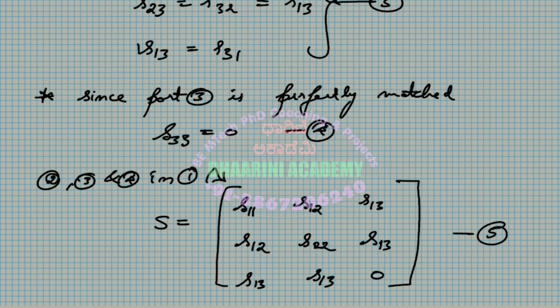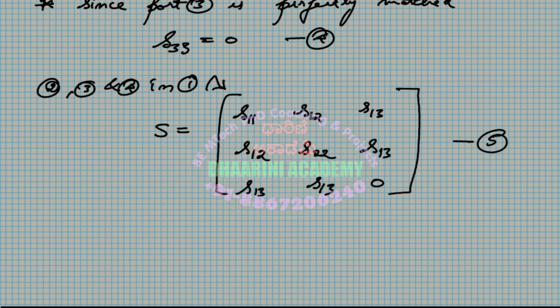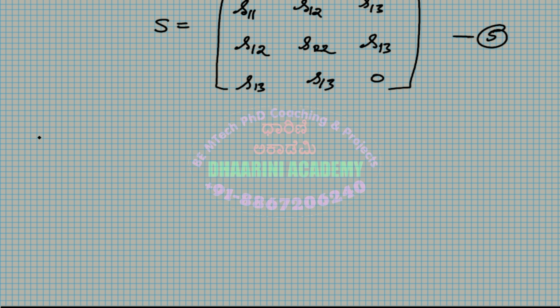Now let's apply another property from the properties of the S matrix. It says that S is a unitary matrix. What do you mean by unitary?